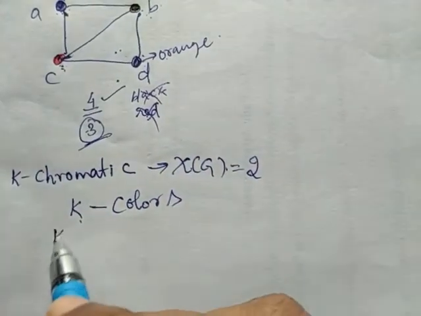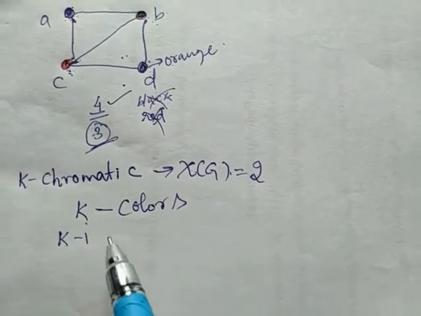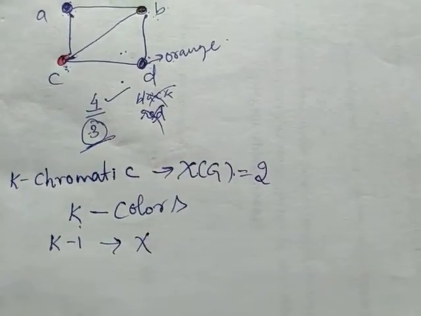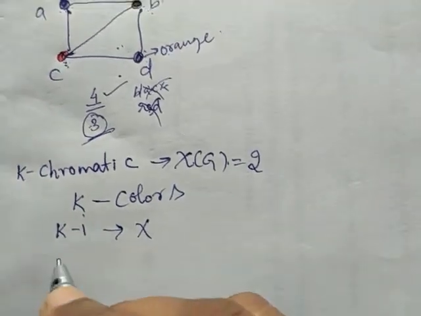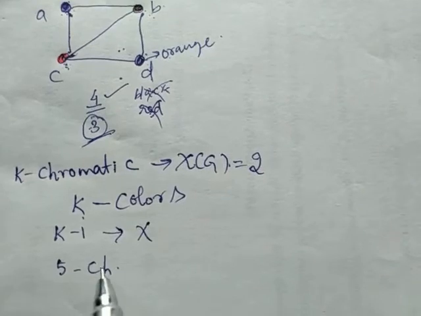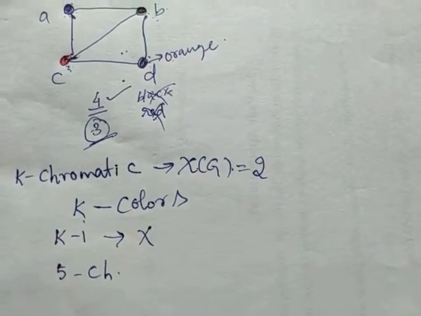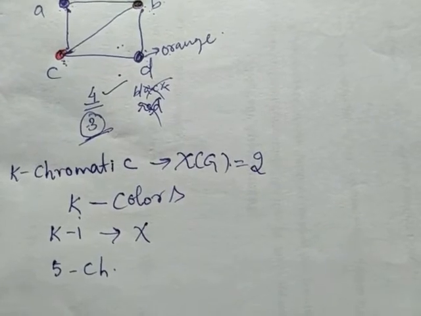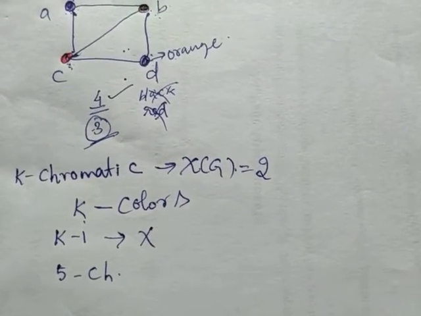Using k minus 1 number of colors, we cannot color the graph properly. For example, if we are having a 5 chromatic graph, it means using 5 colors, we can color the graph properly. Using 4 colors, we cannot color the graph properly.